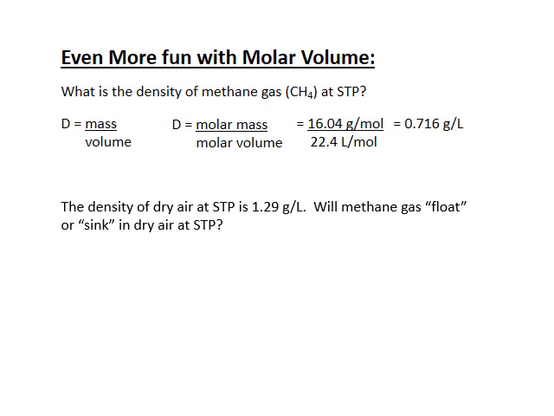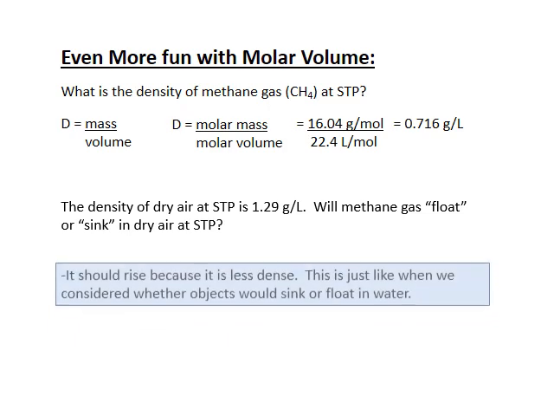So it's somewhere around 1.29 grams per liter. So the methane should float in air, so it should rise in the room, and we'll find it near the ceiling. Just like anything that's less dense than water will float in water, the methane gas likewise should float in air.